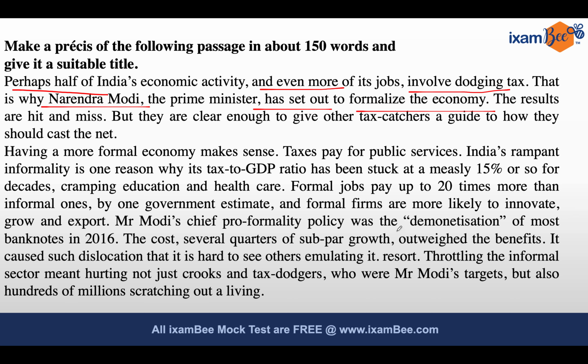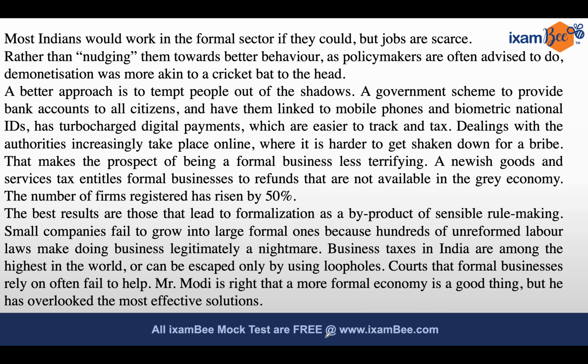Then you move down and you will see that one of his very important pro-formality policies was demonetization. The next line tells you that it did not fare well, although it had all the good intentions at heart. It did not only throttle the crooks and tax dodgers, it also hit hard and affected hundreds of millions of people who were trying to scratch out a living.